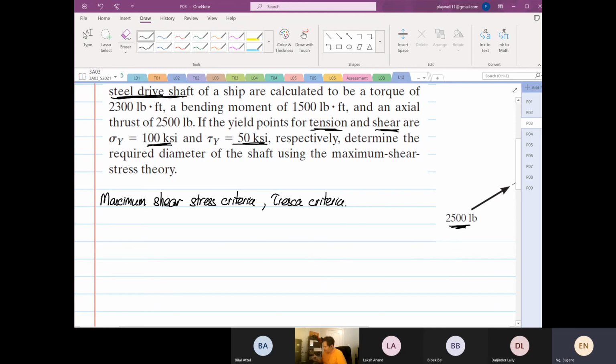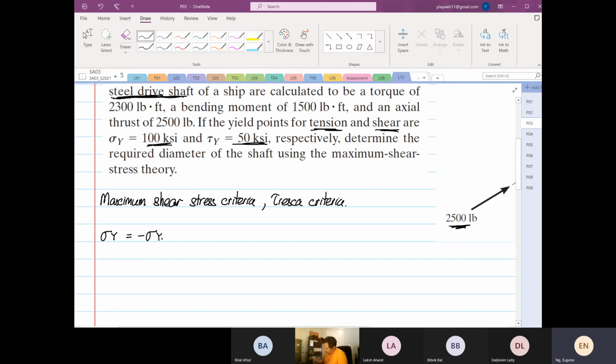So based on Tresca, let's see what was the assumption by Tresca. The assumption made by Tresca is the normal stress in yield in tension is equal to the normal stress in yield in compression. That was what I mentioned before. That was the assumption he has made.